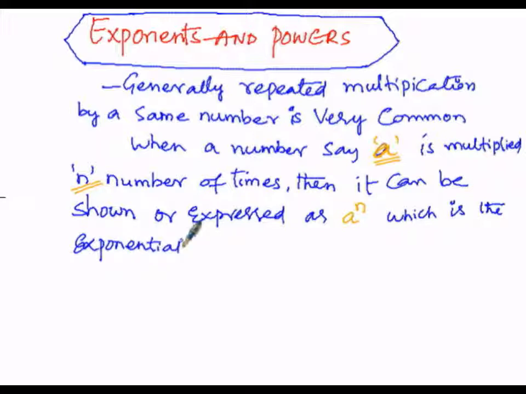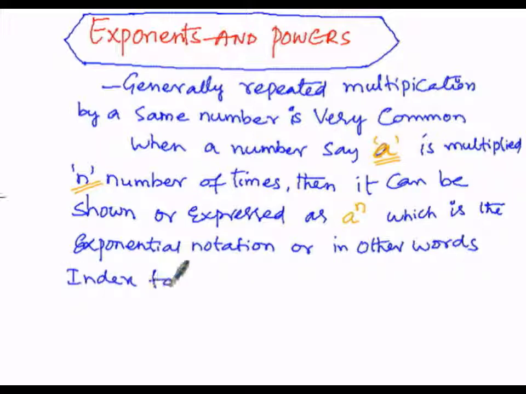Exponential notation, or in other words, it can also be expressed as index form. So, it can be read as the exponential notation, or in other words as the index form.